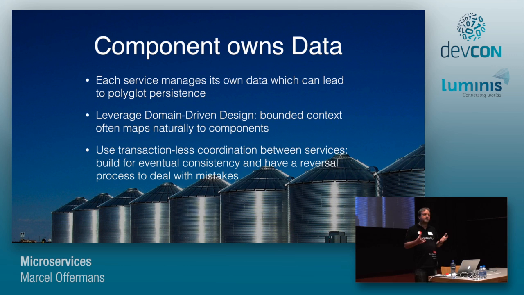And finally, something you'll see regarding data is that in a microservice architecture, you usually end up with some kind of transactionless coordination between services, because it's hard to try and coordinate a transaction over all kinds of different components if everything is using different types of databases and data stores that might not even support transactions, plus having those distributed transactions, it's really hard, it might slow your system down.